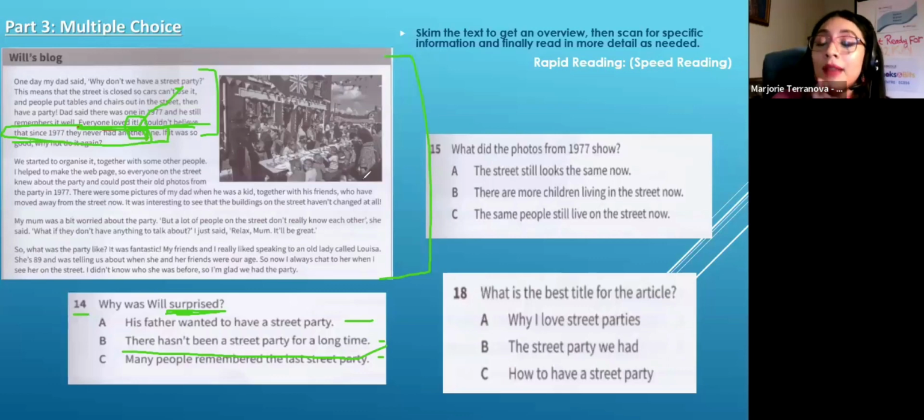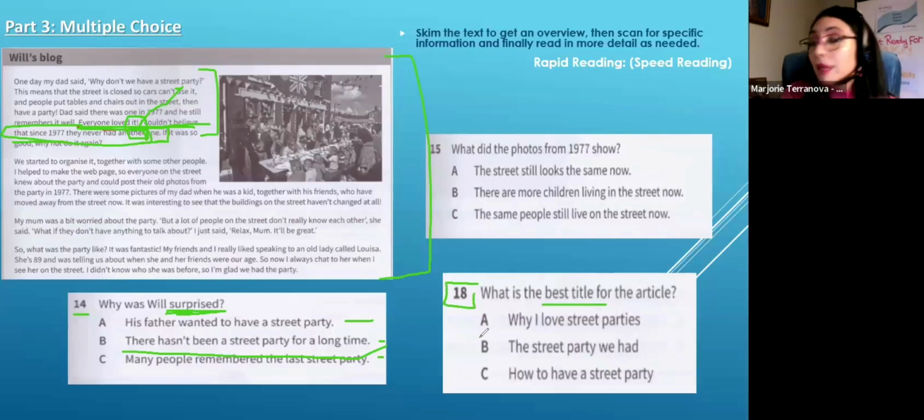Now, students at this point can feel a little bit overwhelmed because if they don't have good reading techniques or abilities, it's going to be difficult for them to recognize the main idea. So something that I do with my students is that I tell them, okay, when you get to this part, because you already know, oh, the last exercise in this task, generally number 18, it's about finding the best title or the main idea or the main purpose. Look at your options first.